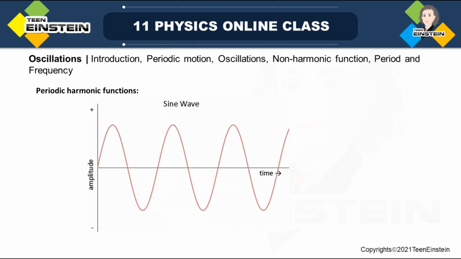So a function can be called a periodic function. Suppose I have a function f of psi. If this argument is changed to psi prime, and what is the prime?